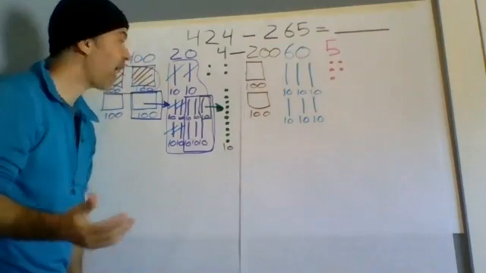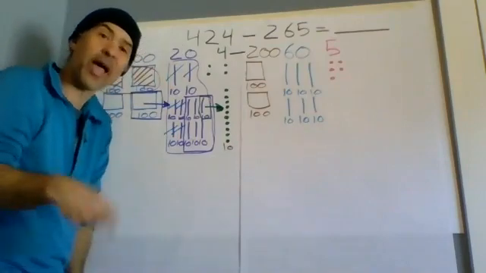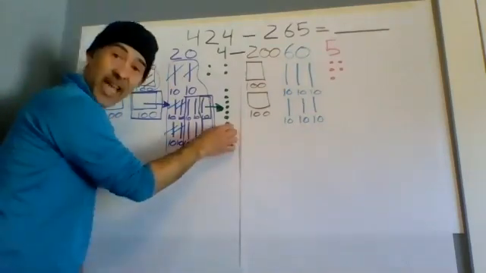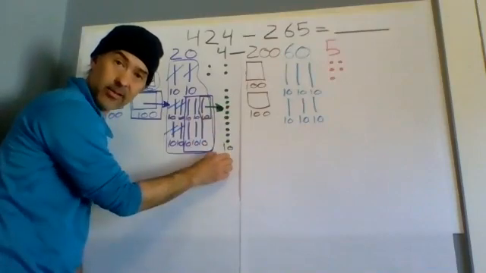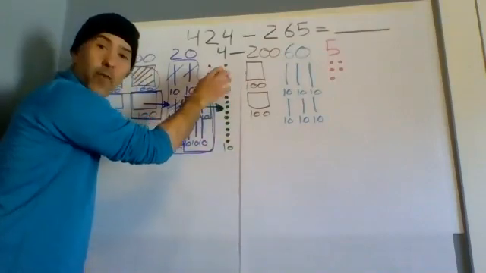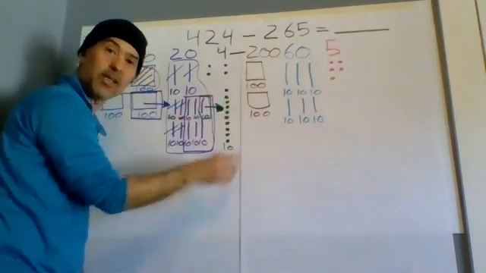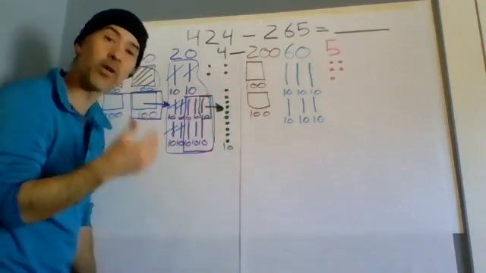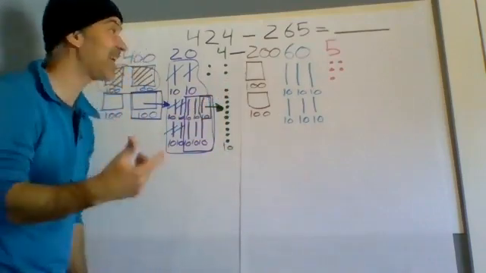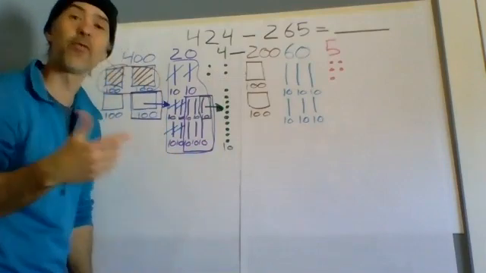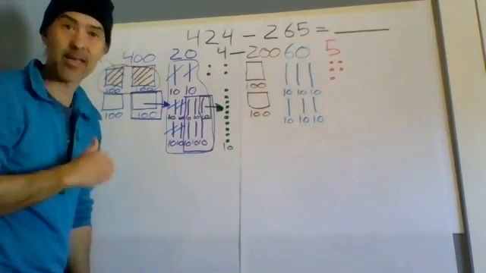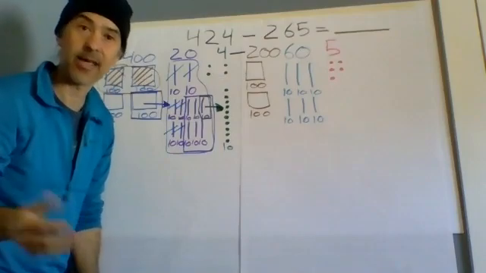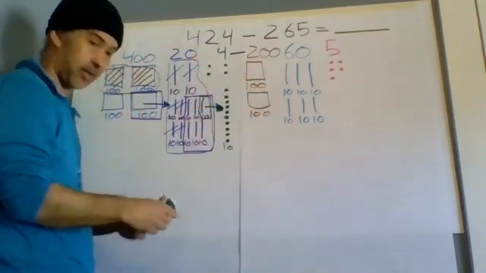So now, how many ones do I have? I have my 10 ones plus 4 ones. 10 ones and 4 more give me 14 ones. Can I now take 5 from 14? Yes, I can.